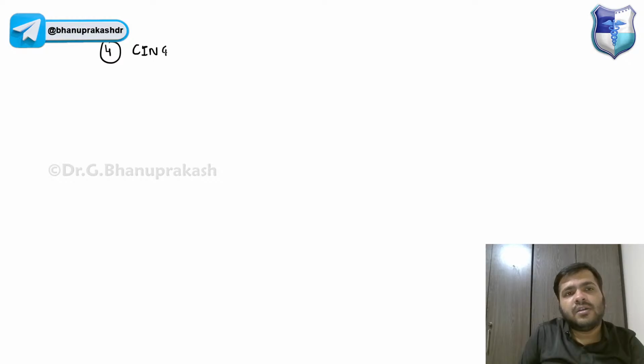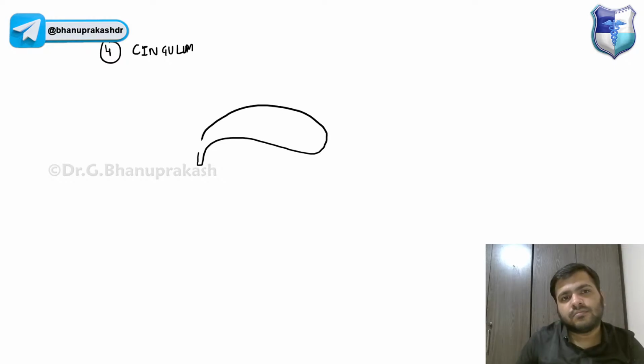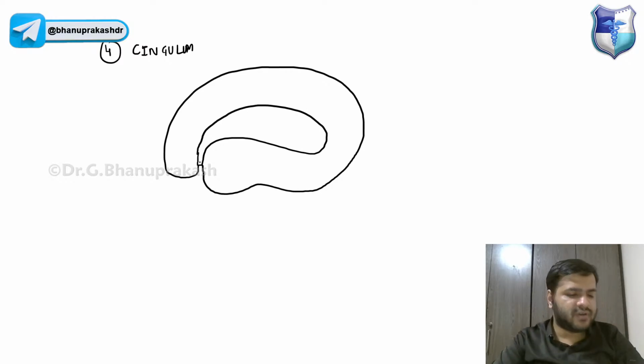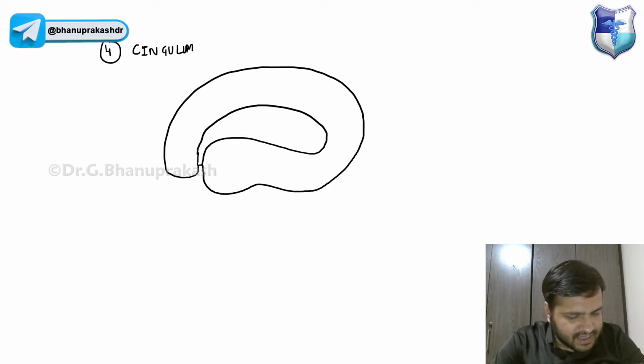Now guys, what is the cingulum? Again, I will be taking this section. Please try to draw this, because once you draw it, it is easier to know and you don't have to ratify anything.